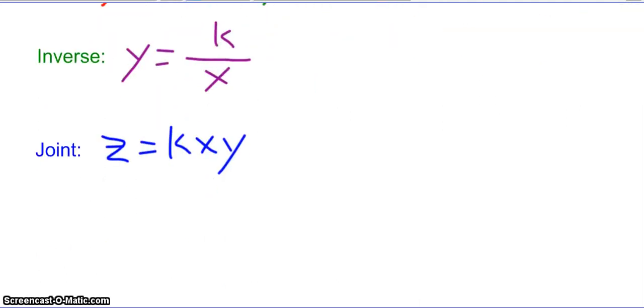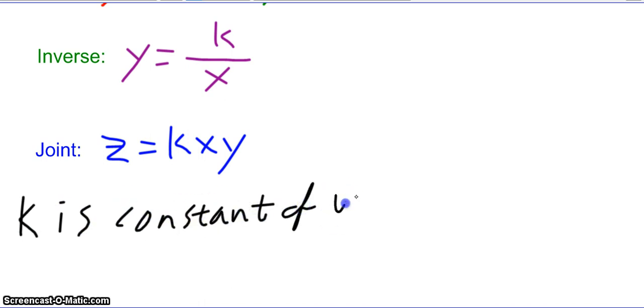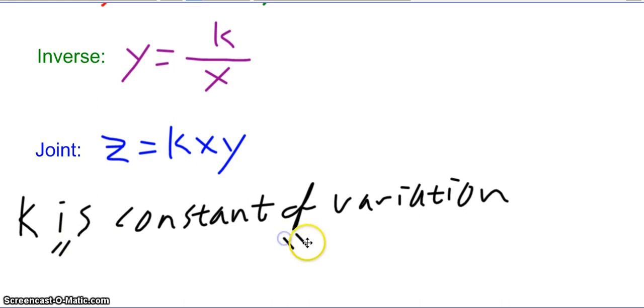And so then now again, just to talk about k, and this applies for all of them, k is what we call the constant of variation, or you could say constant of proportionality.